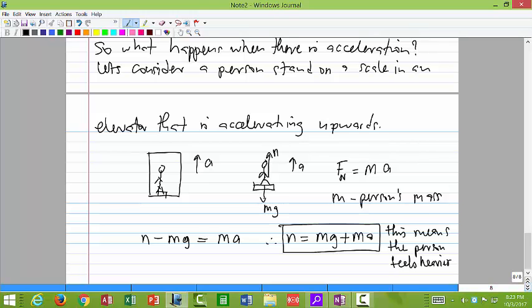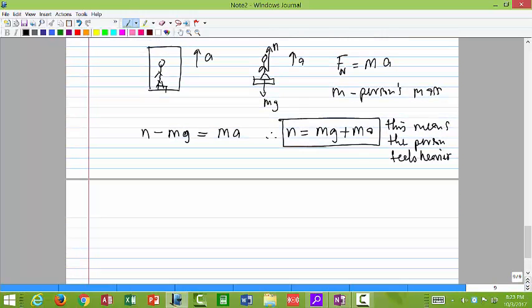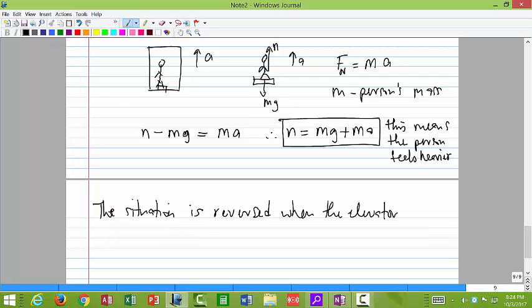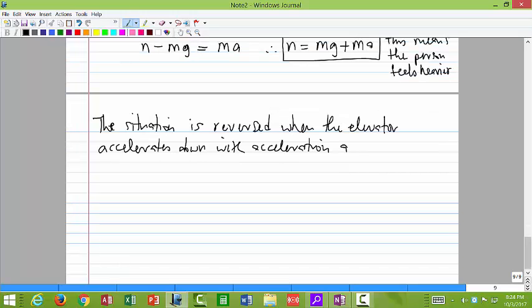We can do the same thing for an elevator going downwards. The situation is reversed when the elevator accelerates down with acceleration a. So we'll do the same thing again. We have this person standing in the elevator, with the weight mg, the support force N, and the elevator going down with acceleration a.